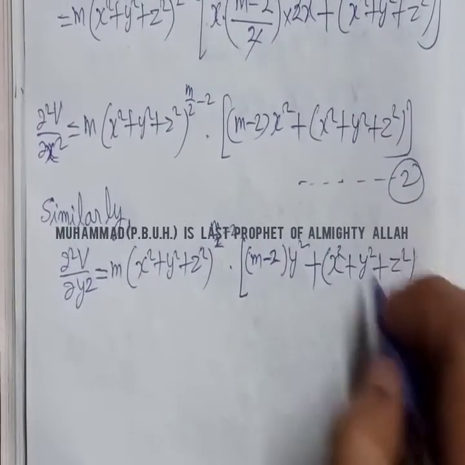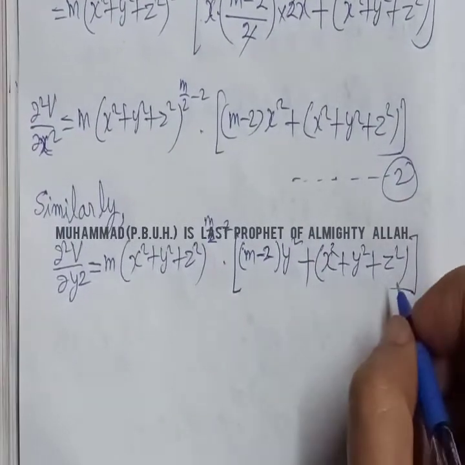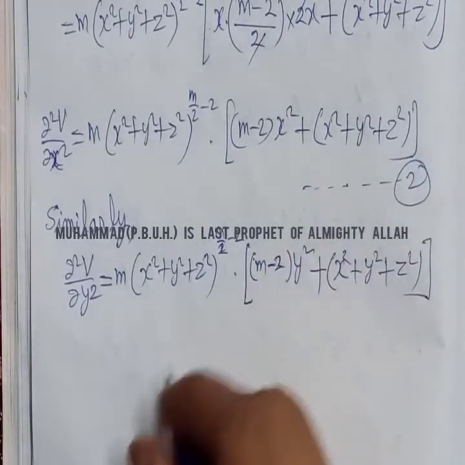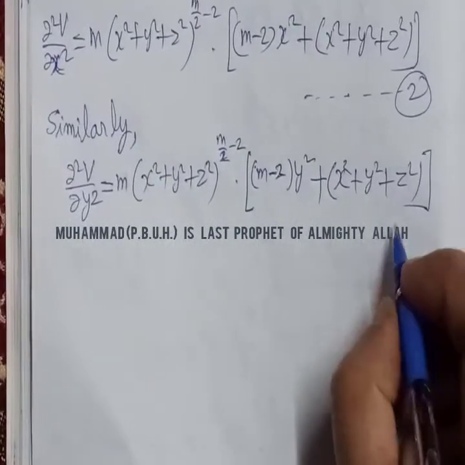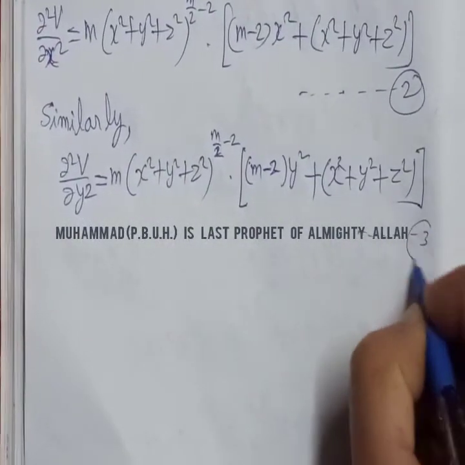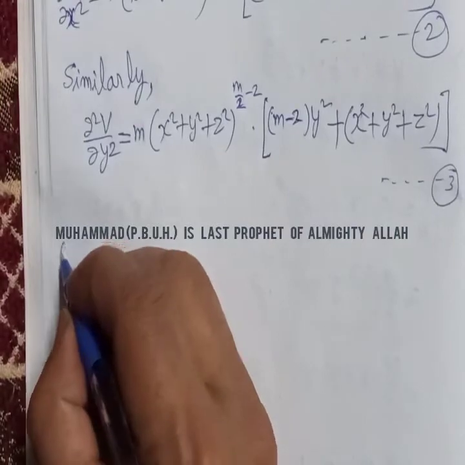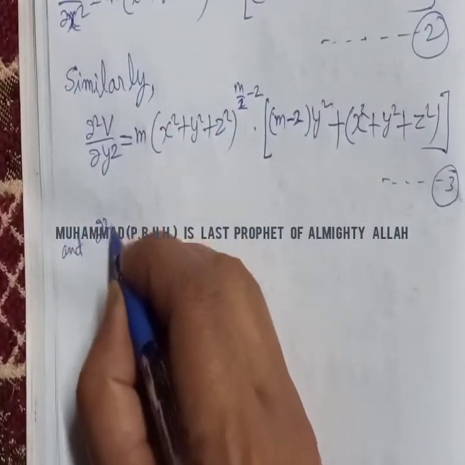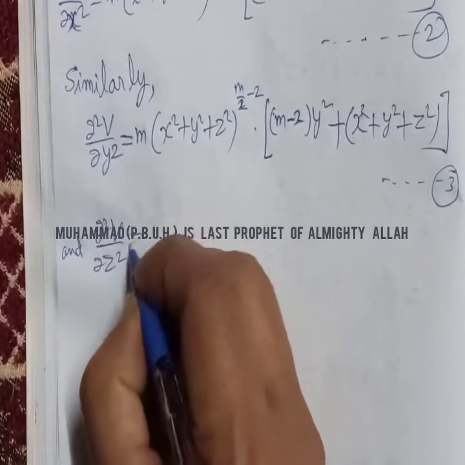Therefore there is no change because it is symmetrical in x, y and z also. So we obtain equation number 3, and also we can write similarly ∂²v/∂z².